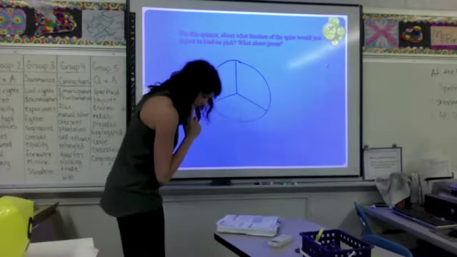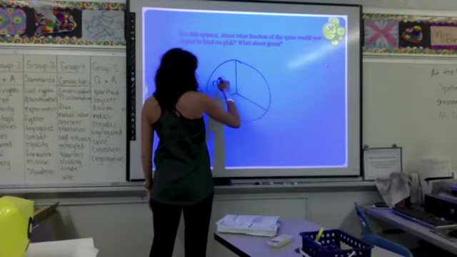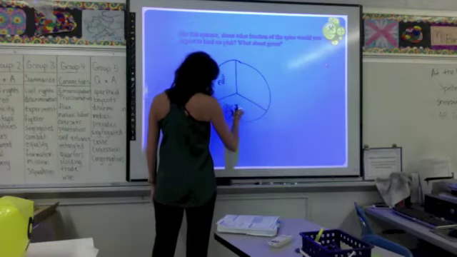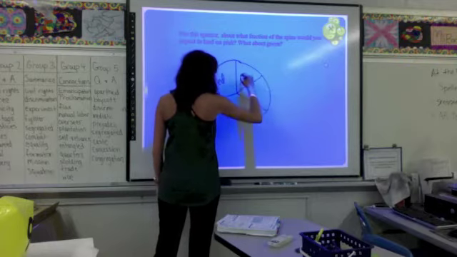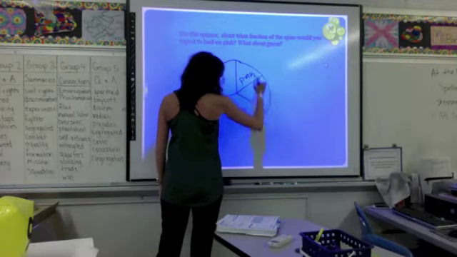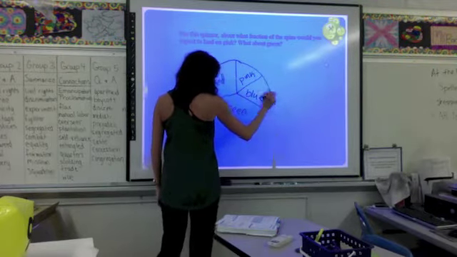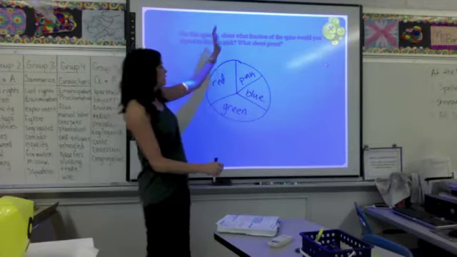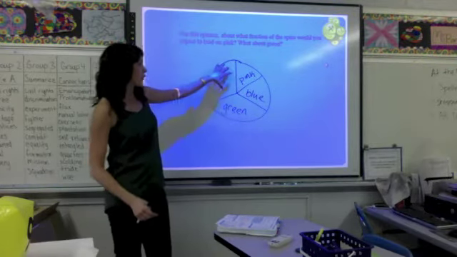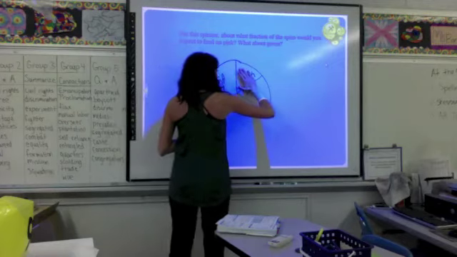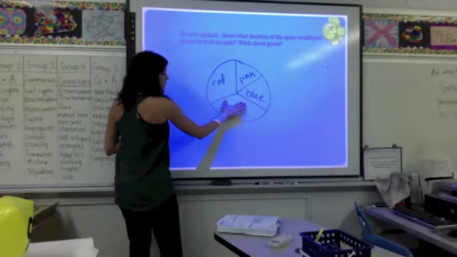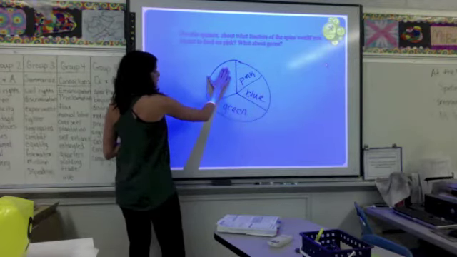And let's say this is red, this is green, pink, and blue. You can see here that I've originally divided my spinner into thirds. So this represents 1/3, green represents 1/3, and red represents 1/3.